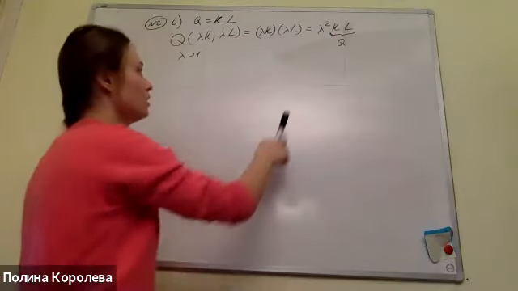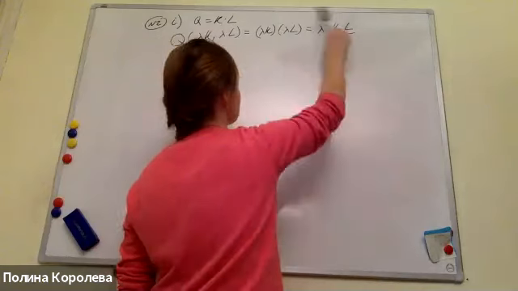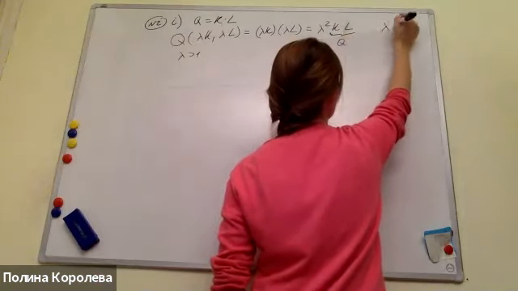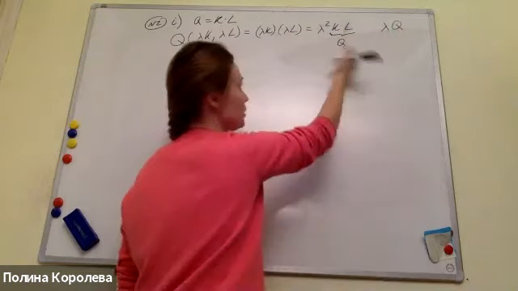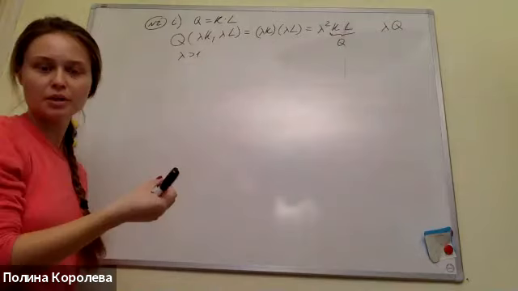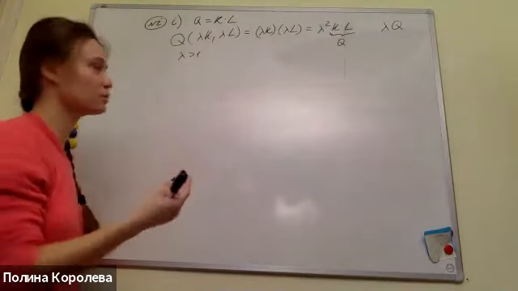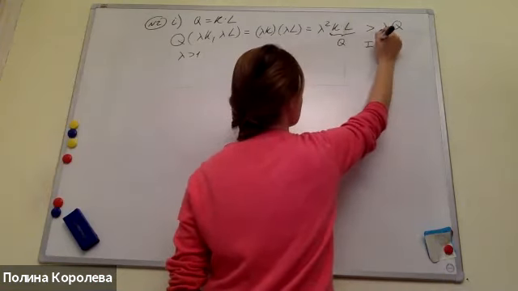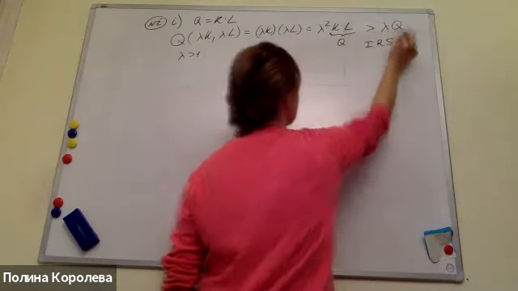And this is the production that we have right now. We should compare it with lambda Q. And we see that lambda squared is greater than lambda, because lambda is greater than 1. So we make the conclusion that it's increasing returns to scale.